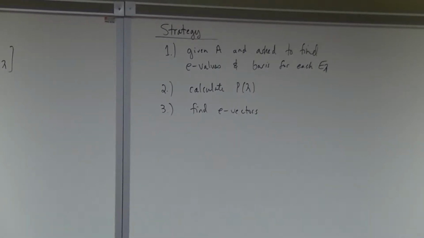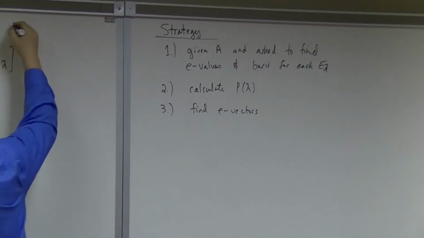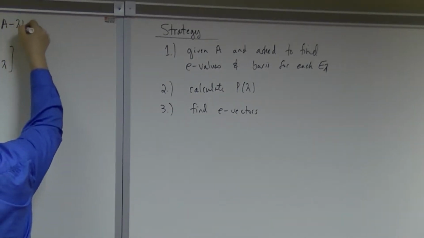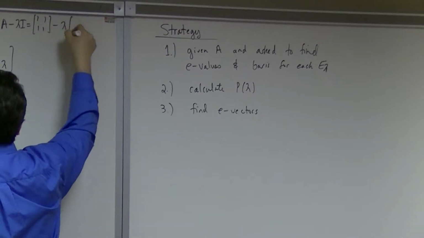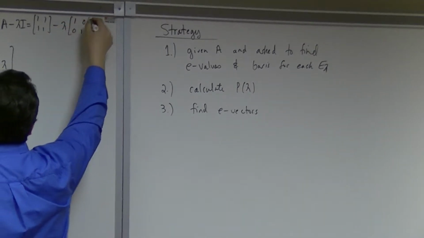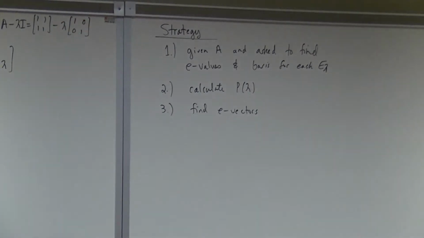Lambda times the identity. So A minus lambda I is 1, 1, 1, 1 minus lambda times 1, 0, 0, 1. Now I write that down about one time a year. Going forward, you know what's going to happen. You just subtract lambda from the diagonal entries, okay?